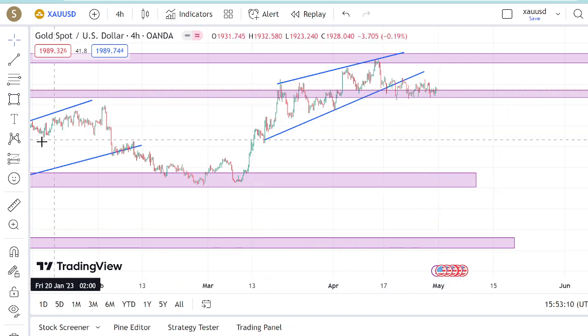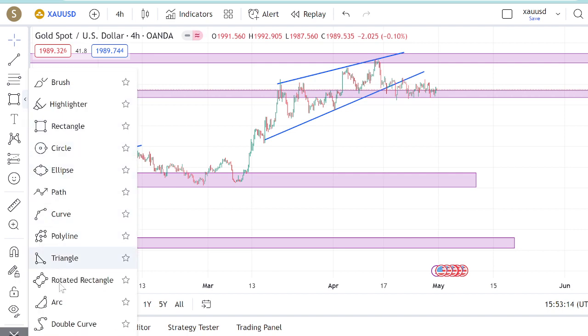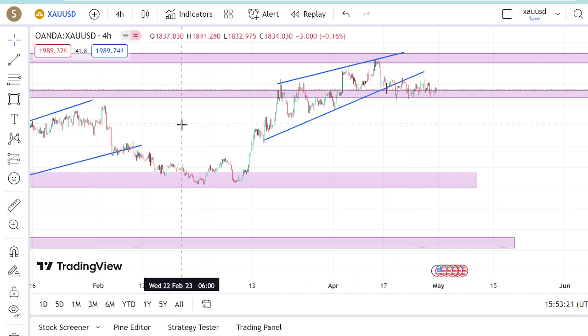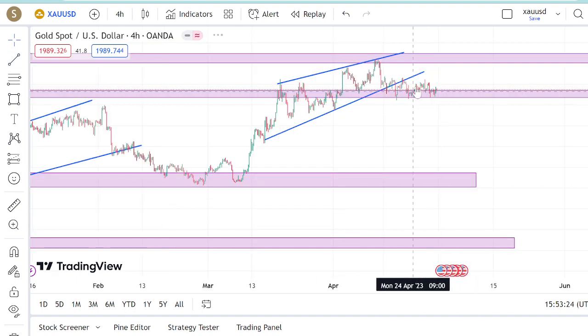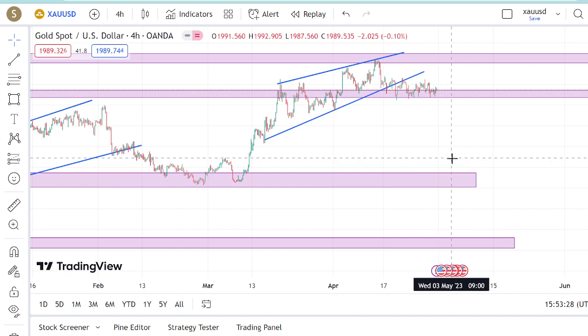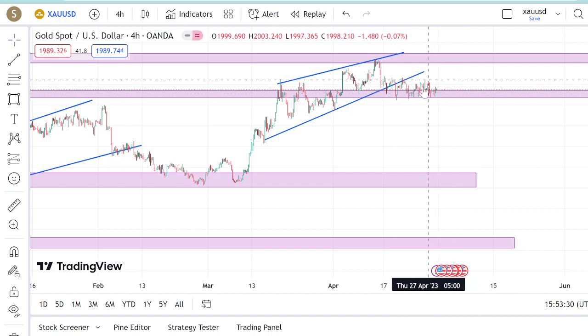The first thing is that this market might go on an uptrend, or it can go on a downtrend. You see this market might go on an uptrend, break these support areas and move to this particular area, or it respects this support area and moves towards the resistance level.